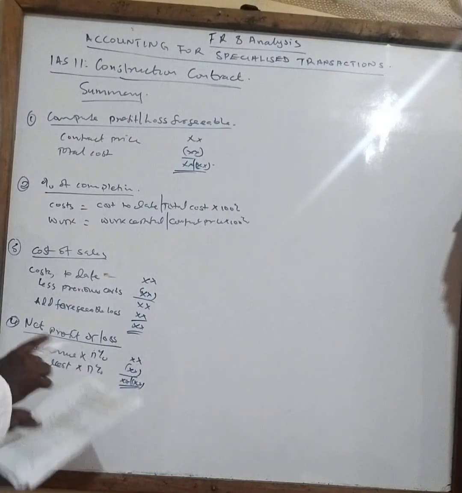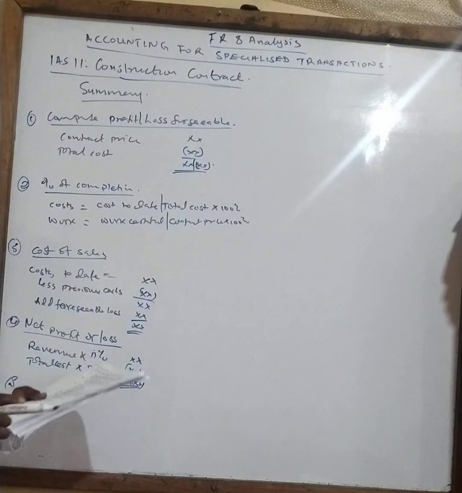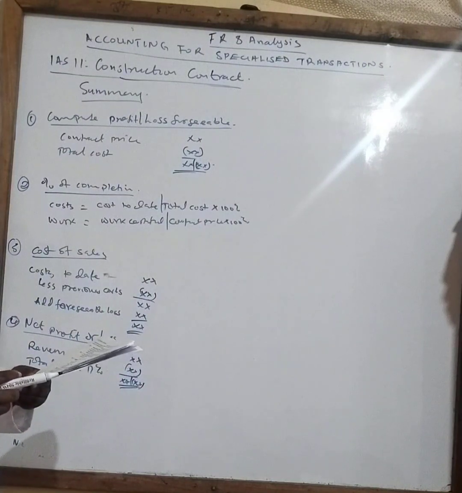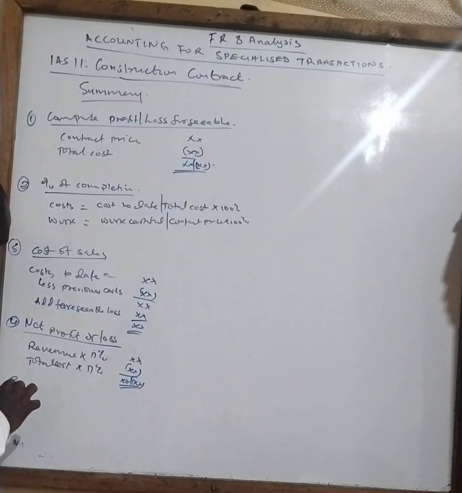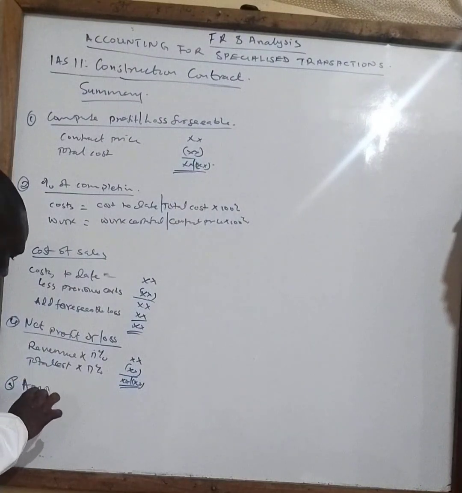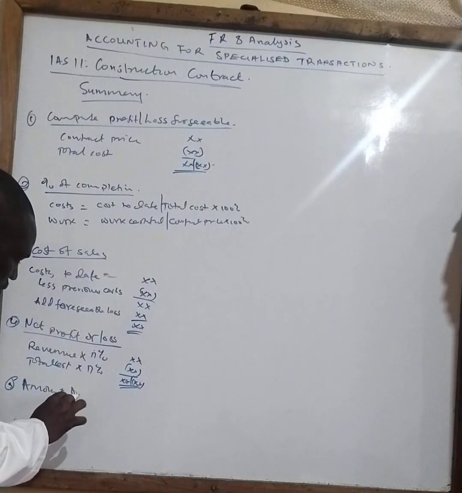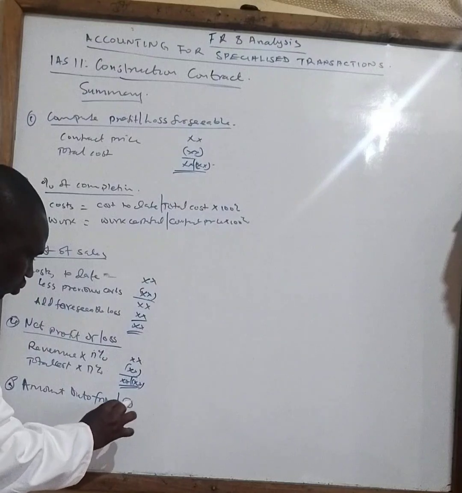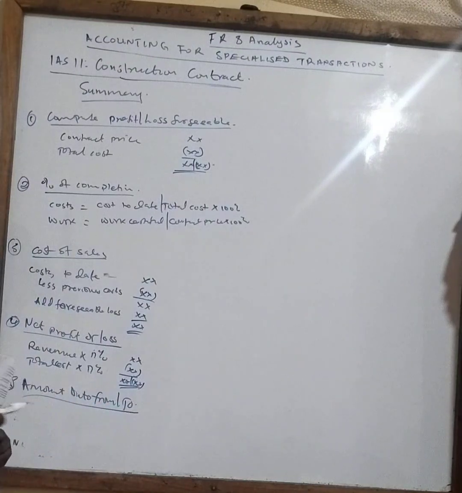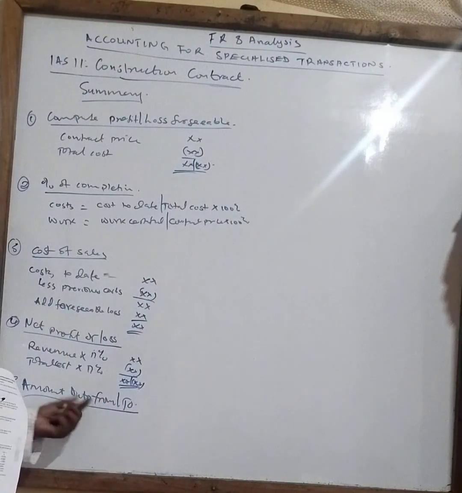Then the last one, the fifth stage, is to determine the amount due from or to.